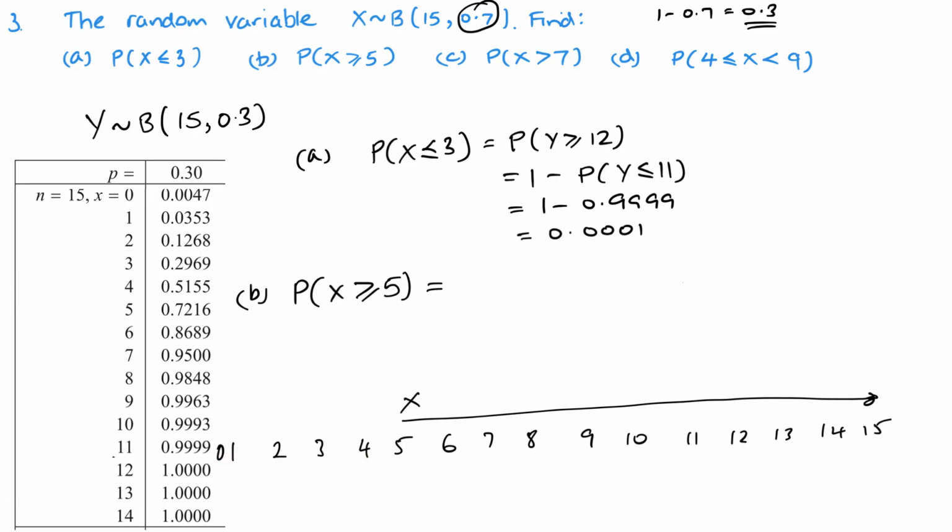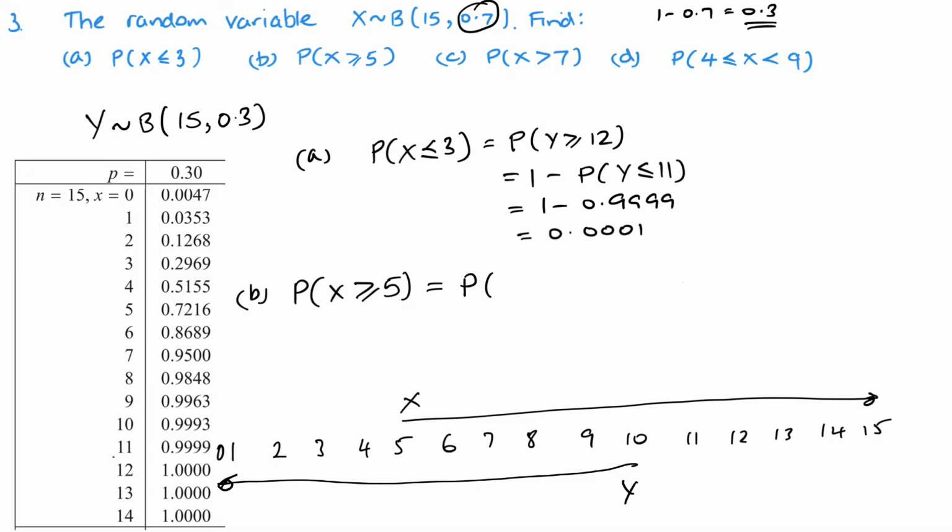Okay, so that's what I want to do in terms of y. So in terms of y, I want to essentially skip my first 1, 2, 3, 4, 5 values, so less than or equal to 10 here. So that is therefore my y.